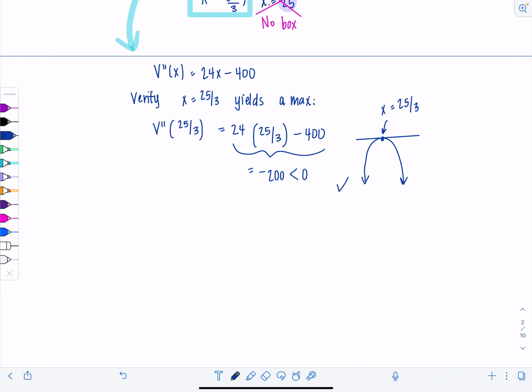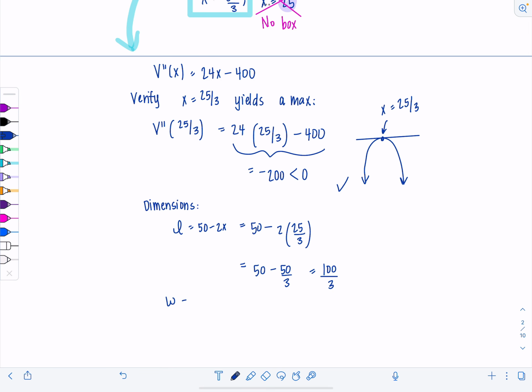Now that that's taken care of, we can answer the question. So it says what dimensions and then what is the max volume. So the dimensions, remember we said the length was 50 minus 2x, so that's going to be 50 minus 2 times 25 thirds. So that's 50 minus 50 thirds, which is 150 thirds minus 50 thirds, so that's 100 over 3.